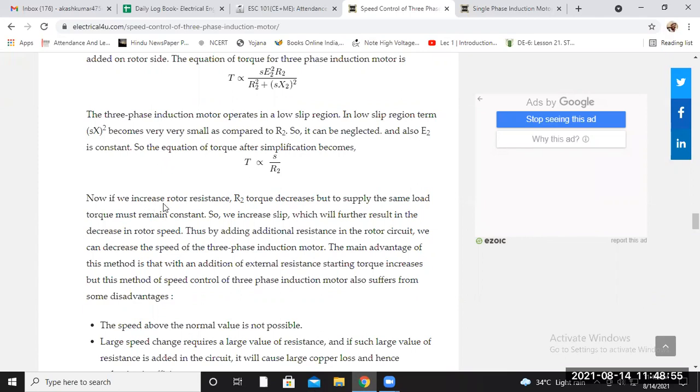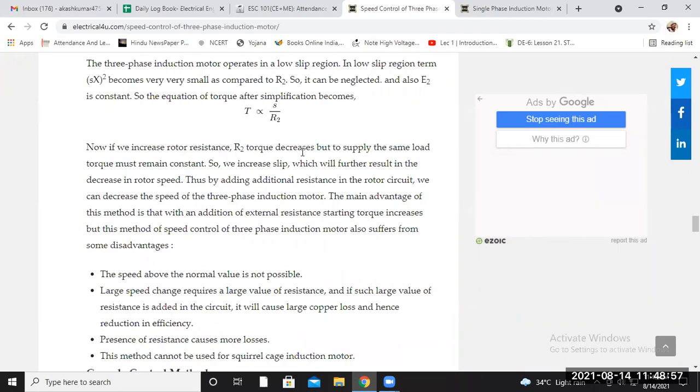It is written, if we increase the rotor resistance R2, torque decreases, but to supply the same load, torque must remain constant. That means for the same load, if you want to maintain the torque value, then R2 must remain constant, because torque is inversely proportional to R2. As this remains constant, torque is directly proportional to slip, so if we increase the slip, the torque increases.